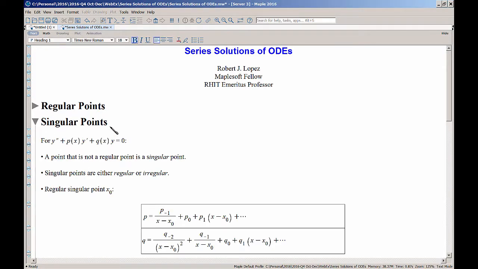Solution about a singular point. Okay, what is a singular point? A point that is not regular is singular. In other words, if you can't get a Taylor series solution in the neighborhood of that point, then that point is singular. But singular points come in two varieties.